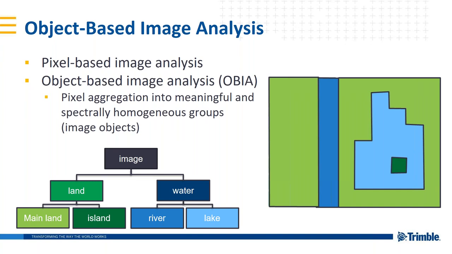So these are conclusions we can make based on image objects that just aren't there when using something like a pixel as a descriptor. And using this type of methodology throughout our analysis allows us to create an overall more accurate representation of our landscape.